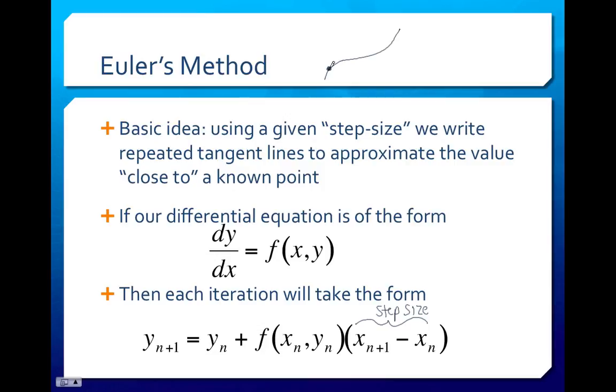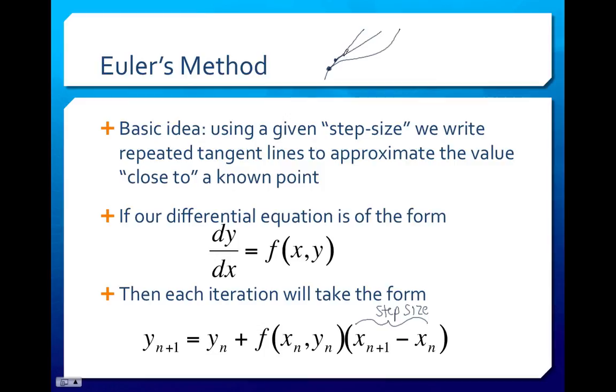What I'm going to do is write the equation of a tangent line that starts at this point. Then I'm going to go a little further in the x direction, let's say to here, and find the equation of the tangent line. It's not really a tangent line because I'm not touching the function anymore, but I'm going to find the slope at this x value and rewrite my tangent line with that slope.